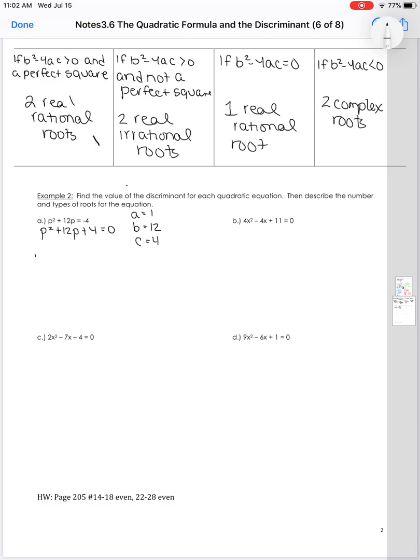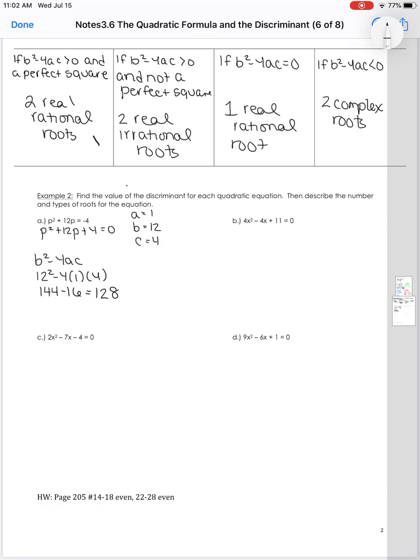So for A, just like we had done with the front page of the notes, we've got to first get everything equal to 0. a is 1, b is 12, and c is 4. But the nice thing is we're not actually calculating the solutions. All we are doing is focusing on the discriminant, which is b squared minus 4ac.